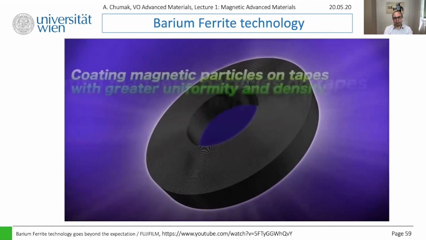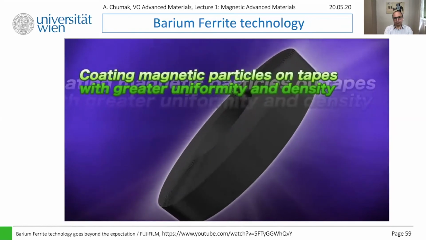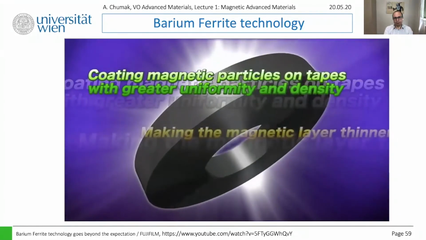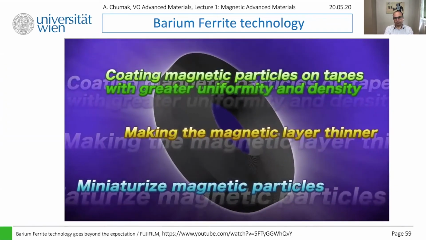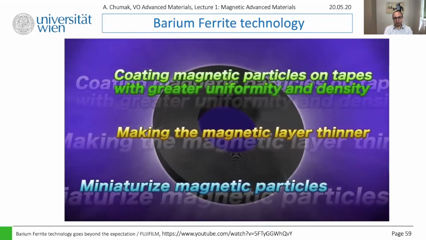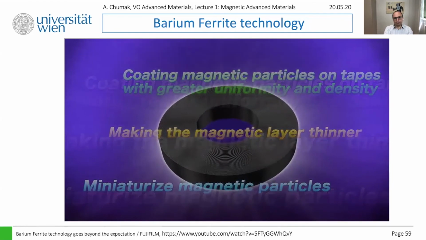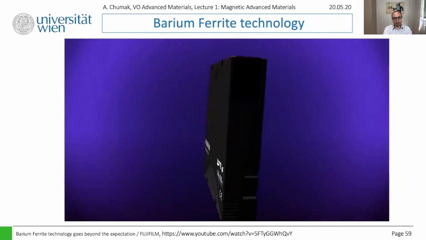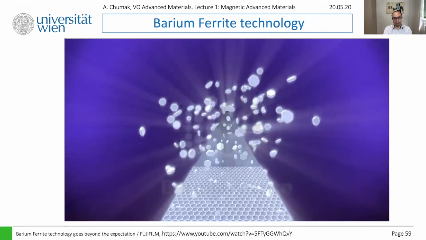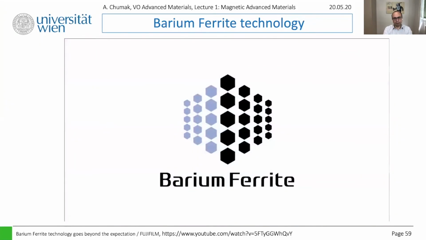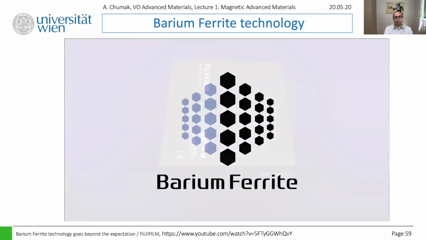The company has strived for years to hone its technologies in pursuit of high performance by coating magnetic particles on tapes with greater uniformity and density, making the surface of the magnetic layer as thin as possible and miniaturizing magnetic particles. Then, Fujifilm succeeded in developing magnetic tape using barium ferrite magnetic particles, implementing unique technology.